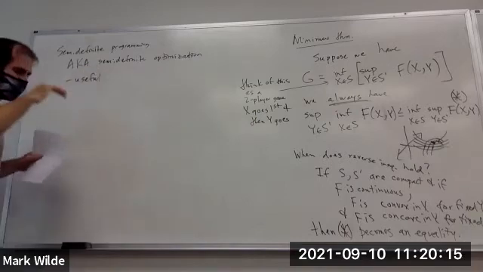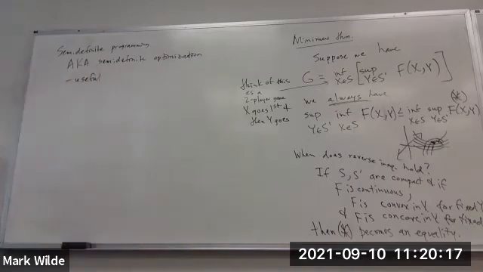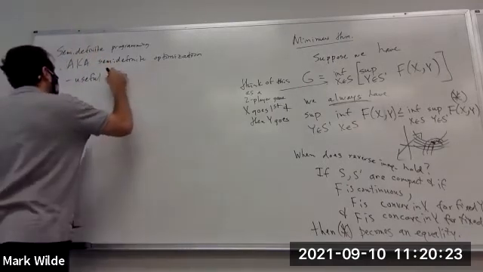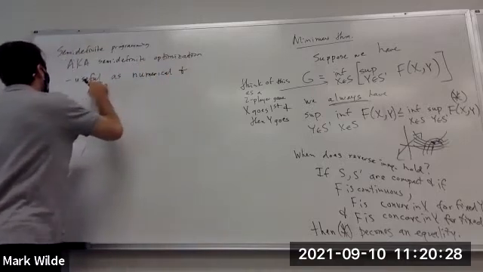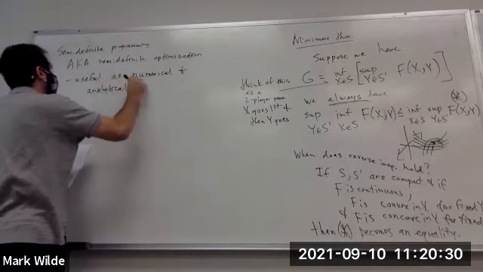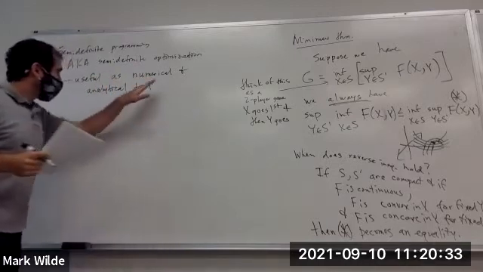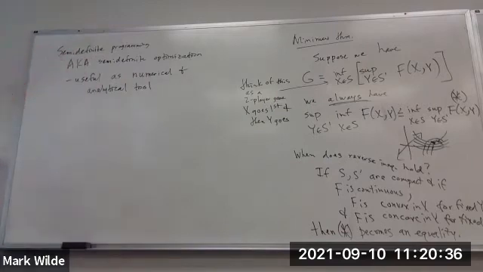It's useful not only analytically, but also numerically. It's useful as a numerical and analytical tool. Why is it useful numerically? There are efficient algorithms that can calculate the optimal value of the semi-definite program in polynomial time, which is considered efficient from a computer science perspective.